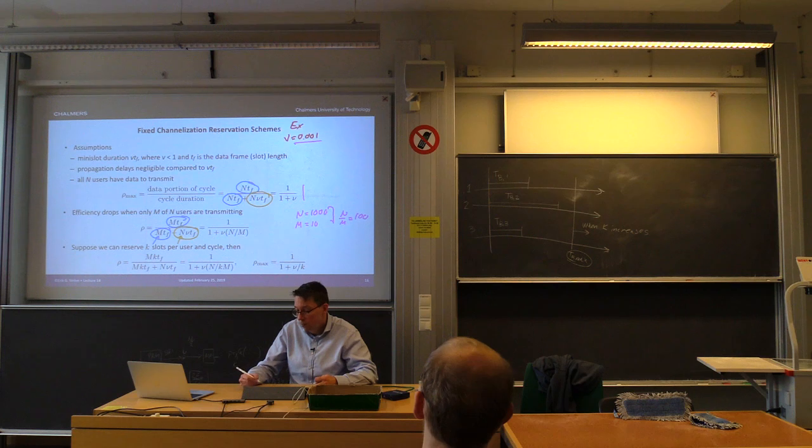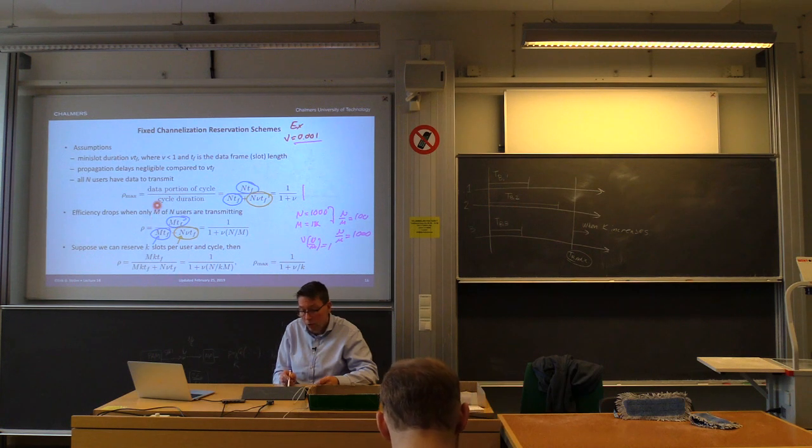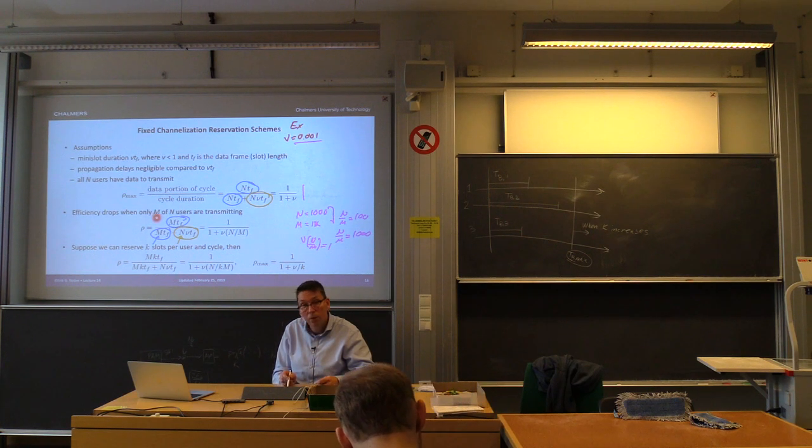Okay, so if then say that we had m over n equals 1/1000, then n over m is equal to 1,000, and then nu times n over m is equal to 1, and then we see that efficiency dropped to 1/2, right? So this is a bad situation for reservation interval when we have many users, but only a few of them are transmitting at any given cycle.